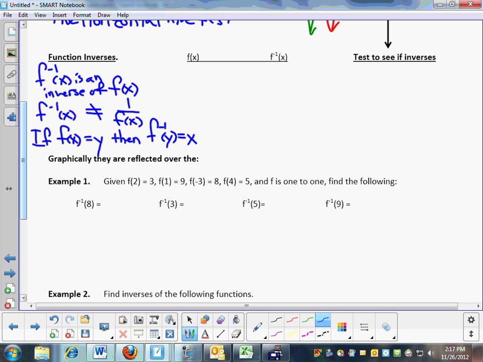Watch this example. Let's suppose that f of x is y equals 2x plus 3. F inverse says that we switch the x and the y values. So if you want to find the inverse of a function, we switch the domain and the range around. And so instead of writing y equals 2x plus 3, I'm going to write x equals 2y plus 3.